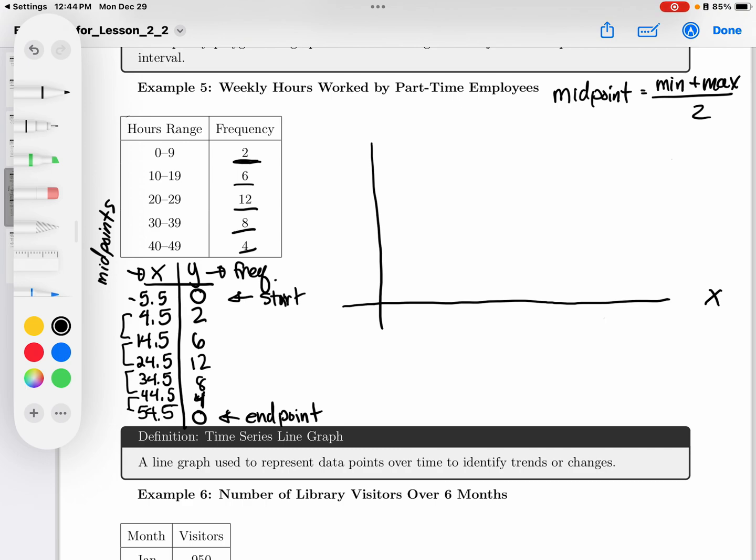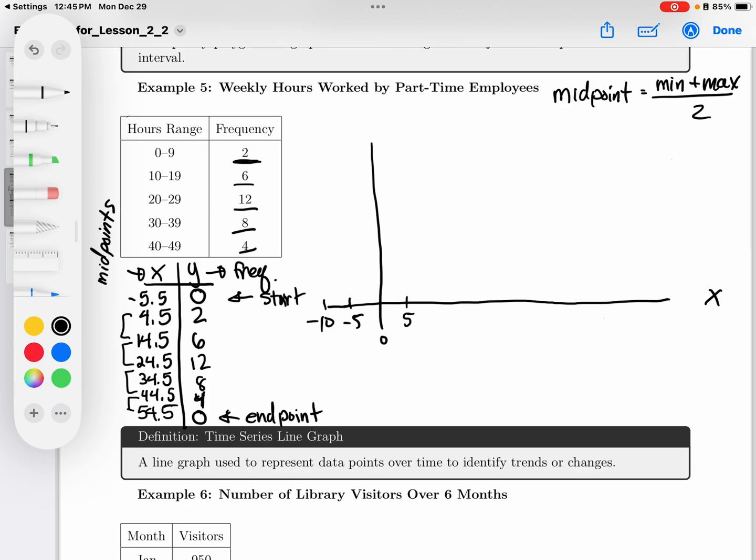Our x-axis is going to be where we graph our midpoints. So since we're graphing everything from negative 5.5 up to 54.5, I want to label on my axis, let's go by 5. So I'm going to start at negative 10, negative 5, here's 0.